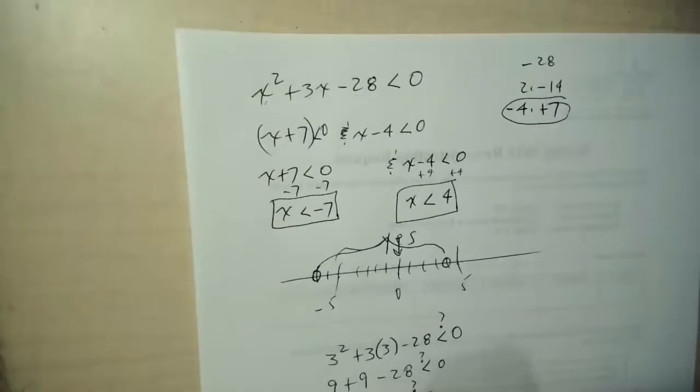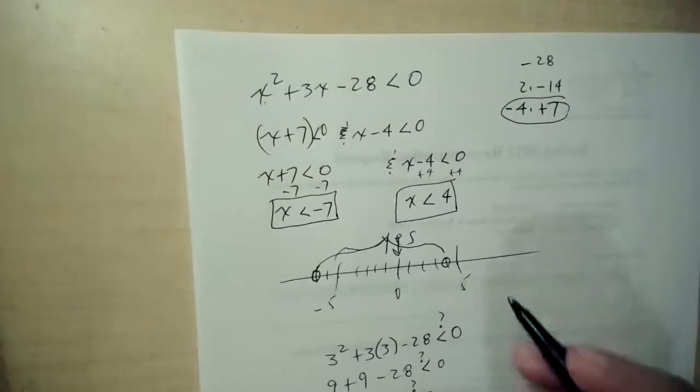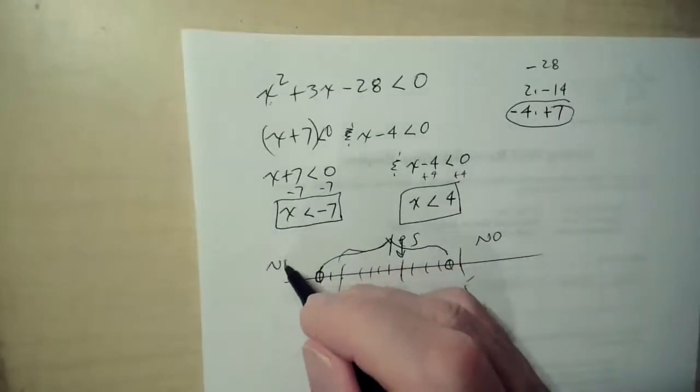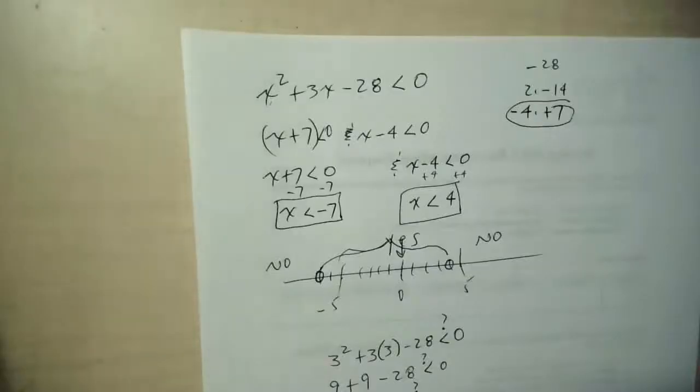Is that less than 0? 5 squared is 25 plus 15 minus 28. 25 and 15 is 40 minus 28. Is it less than 0? 40 minus 28 is 12, a positive 12, and that's not less than 0. So we know that this is not in our area, and neither is that one.